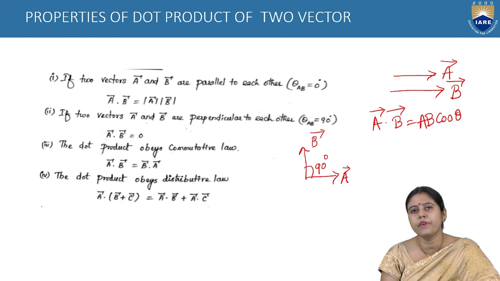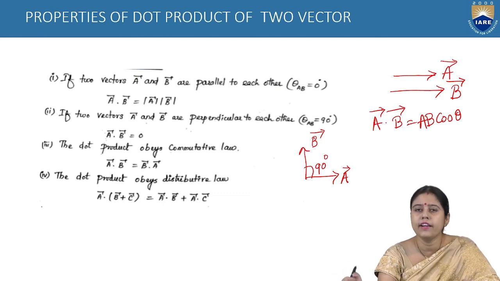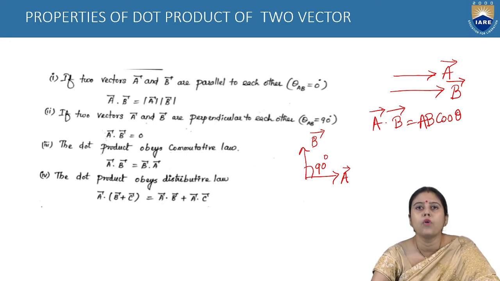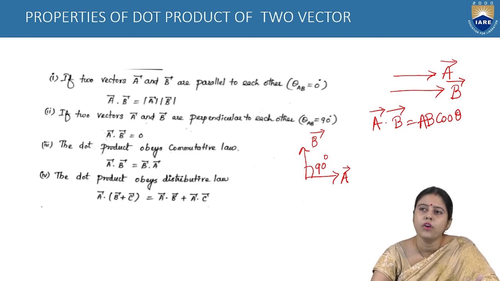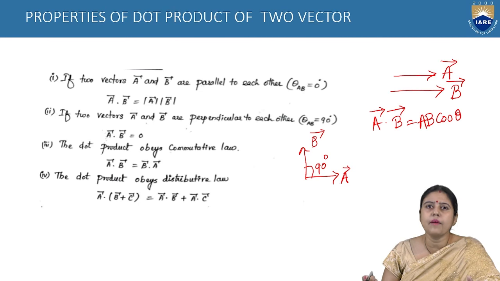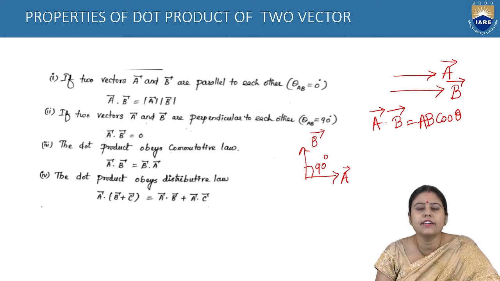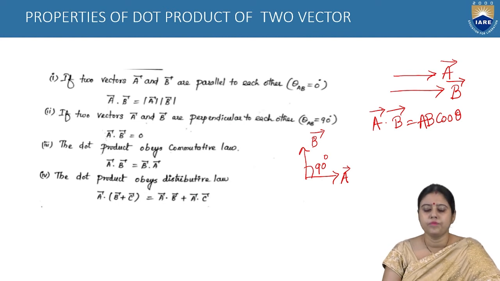Let's give one example from your childhood. When a person is carrying a bag in her hand walking somewhere, we say the work done is 0. Why? The angle with respect to the ground is basically 90 degree, and cos 90 is 0, meaning work done is 0.